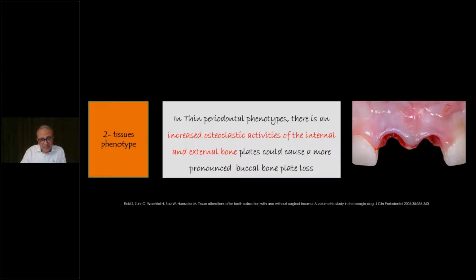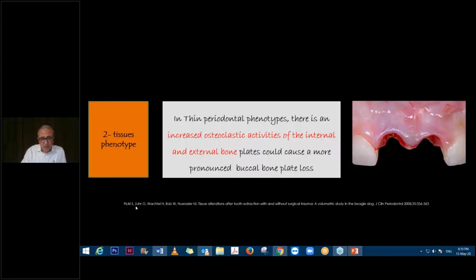That is definitely confirmed by the literature, as you can see here down below in the reference. So once you have a case like this with a thin phenotype, then you need to question yourself: am I going to put an implant here only, without any other intervention, or do I need another scenario?